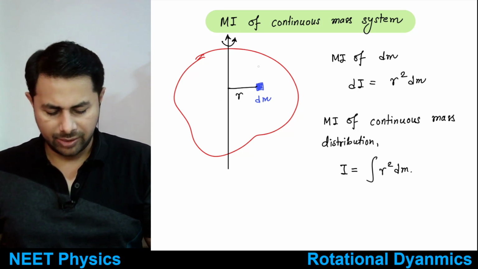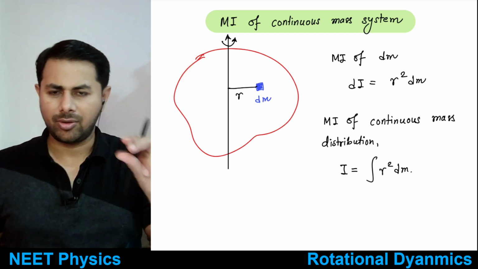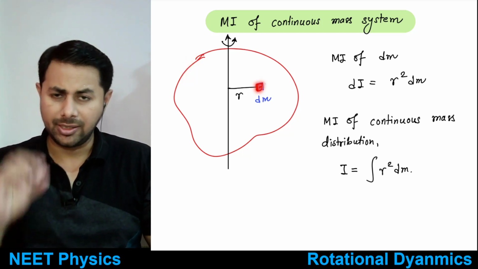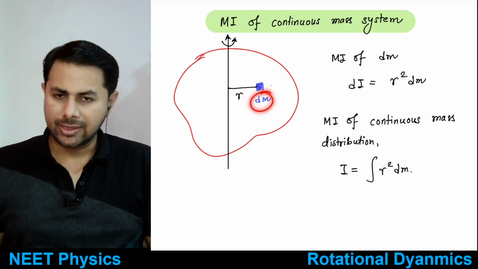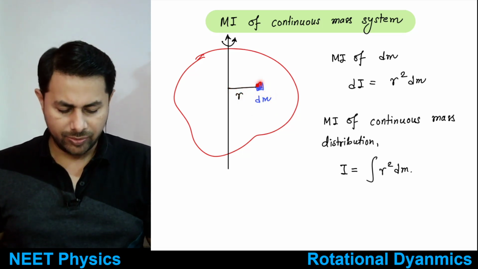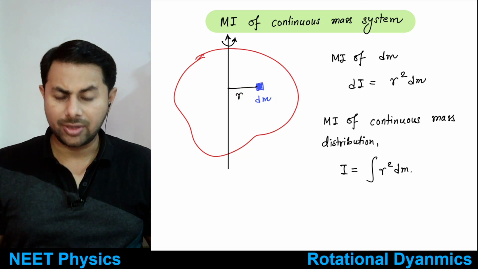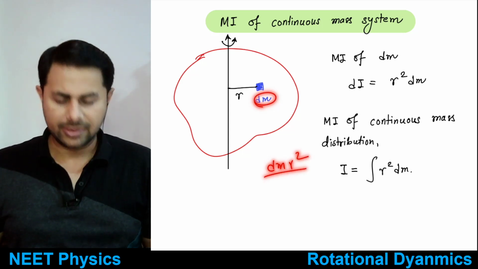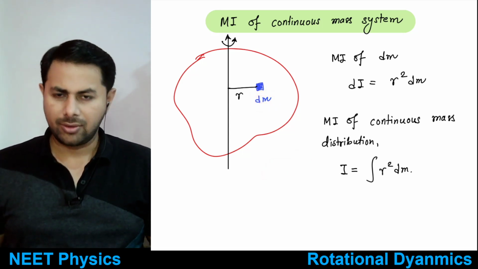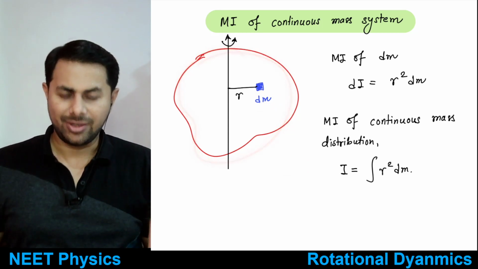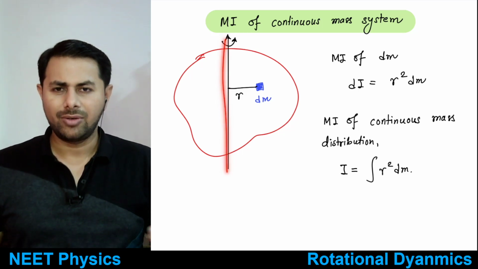Again, we divide the system into n number of small segments, and suppose this is a small piece having mass dm and its distance from the axis of rotation is r. Then what would be the moment of inertia of this mass only? It is dm multiplied by r square. Now suppose I want the moment of inertia of this complete body about this axis of rotation. What should I do?